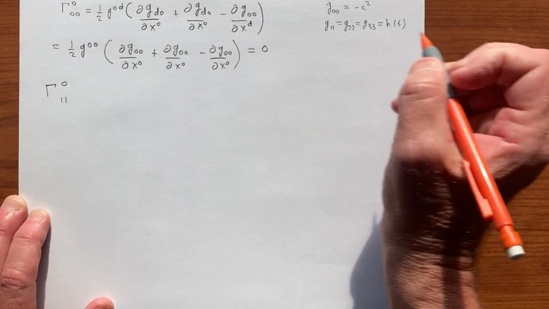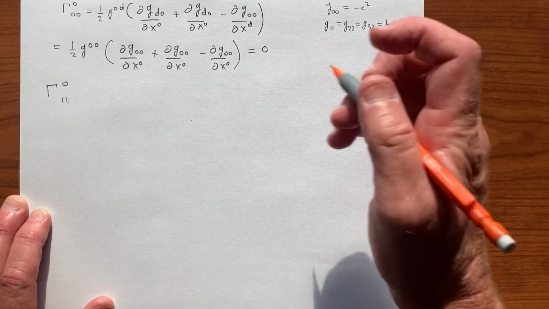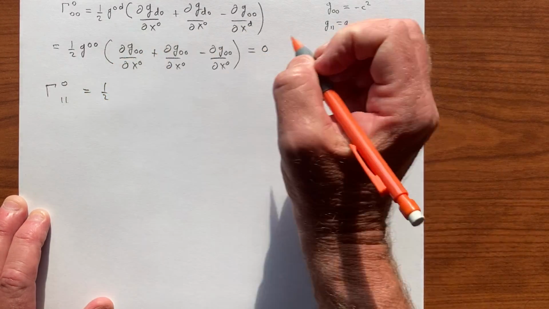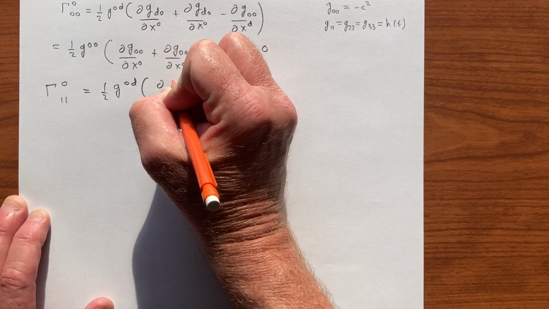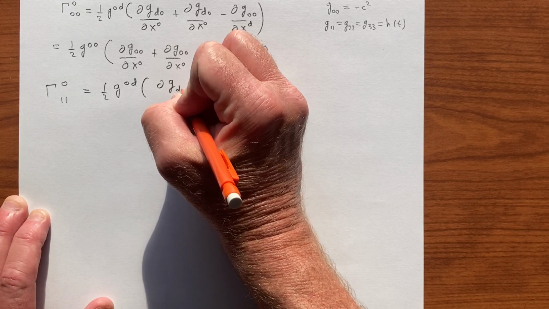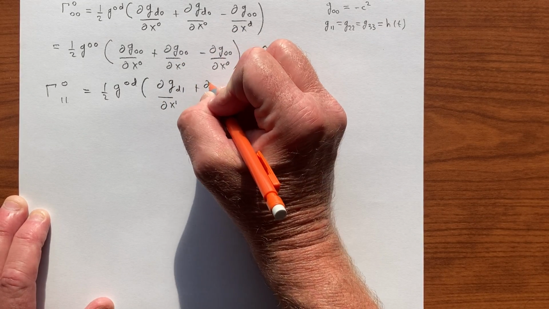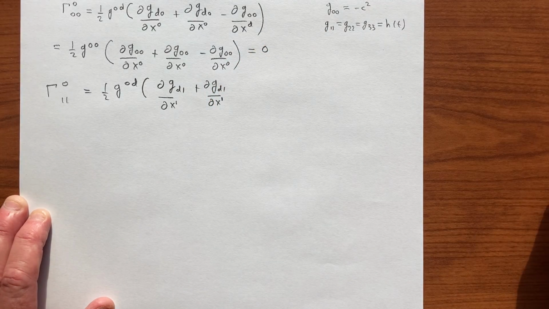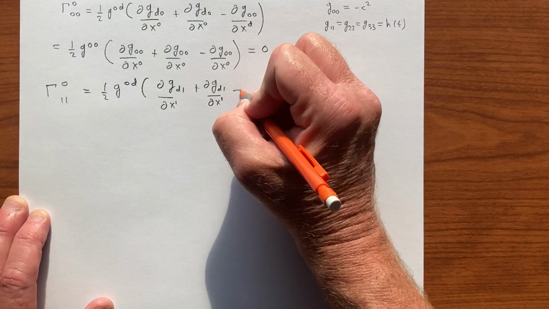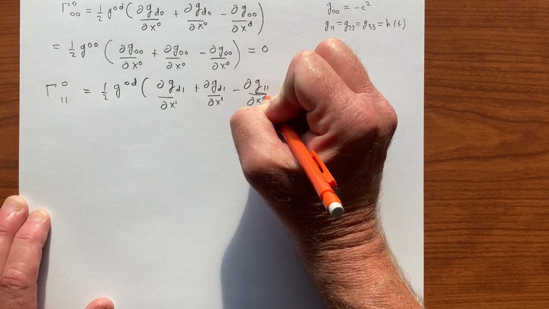Now Gamma 0,1,1. That's not going to be 0. This has 1/2 g^{0d} times the derivative of g_{d1} in x1 plus the derivative of g_{d1} in x1 minus the derivative of g_{11} in xd.